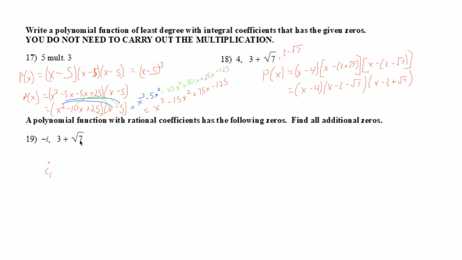And interestingly enough, this is the exact same thing as up here. So if 3 plus root 7 is a root, so is 3 minus root 7. It just asked us to list all additional zeros. Those are the only ones that have to be zeros because of this imaginary number and this irrational number being zeros.